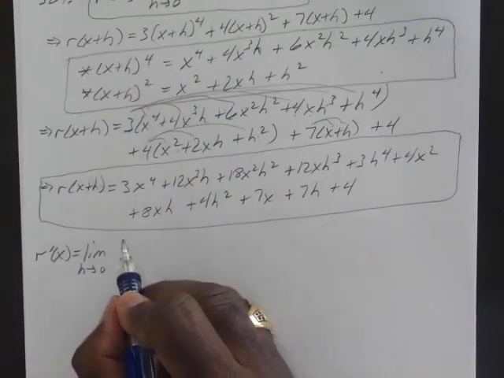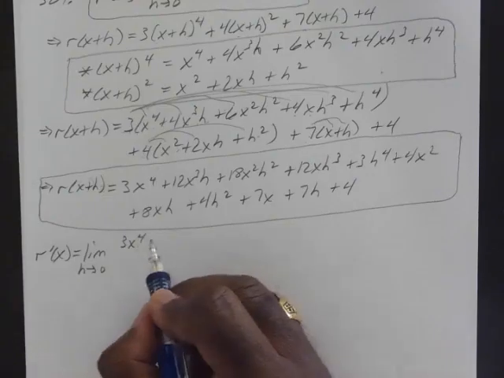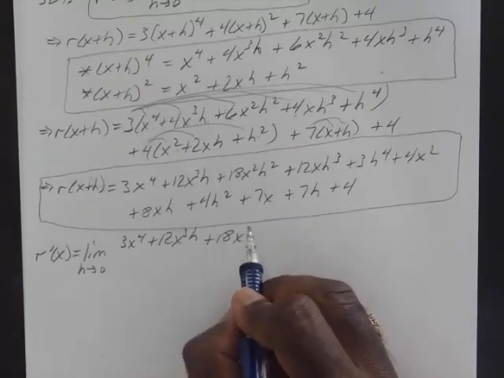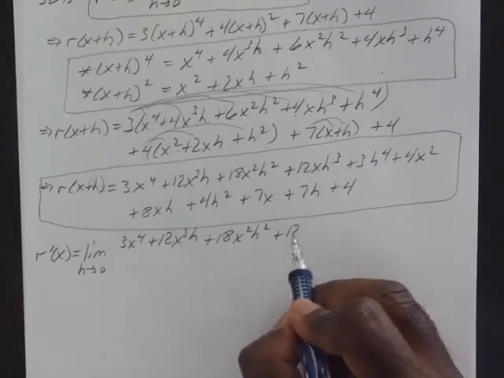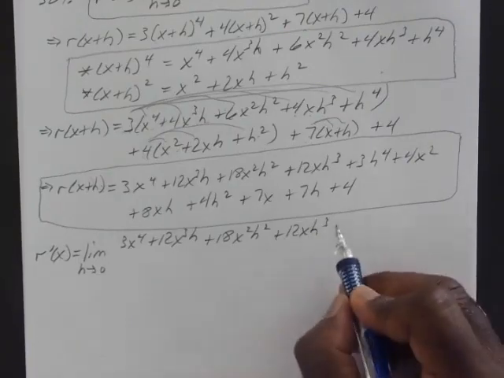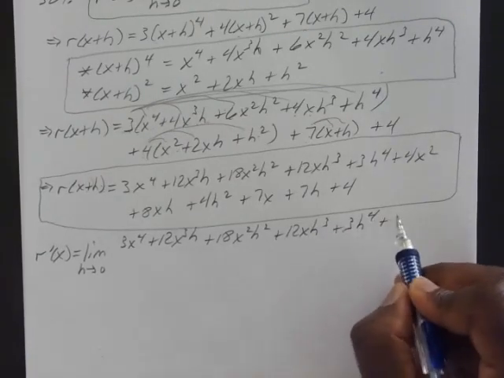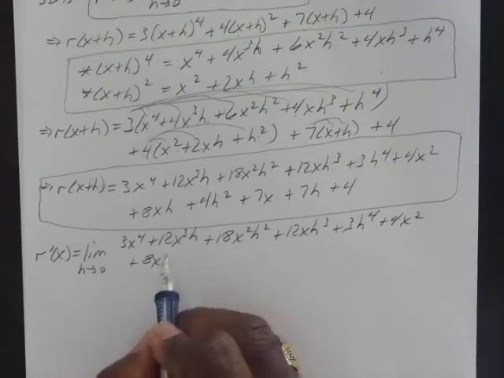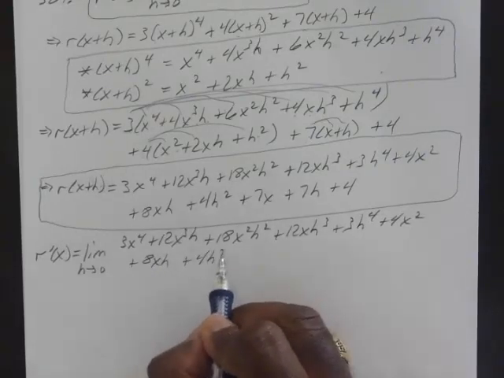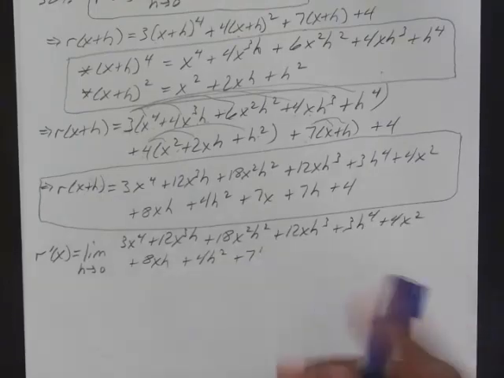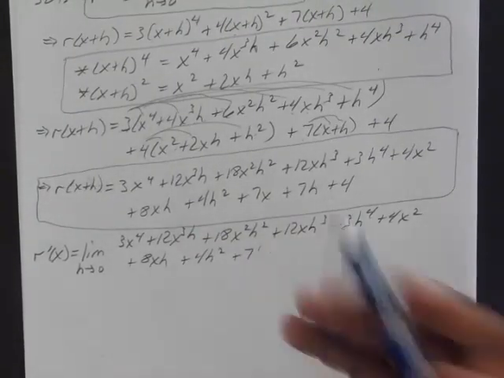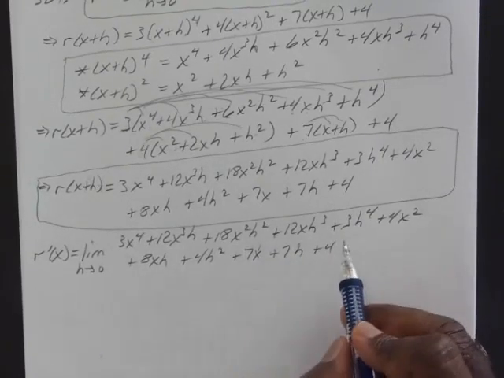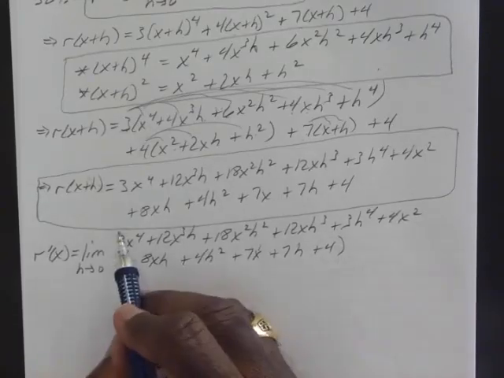So that's 3x to the fourth plus 12x to the third h plus 18x squared h squared plus 12x h to the third plus 3h to the fourth plus 4x squared plus 8xh plus 4h squared plus 7x plus 7h plus 4. And I'll put parentheses around the whole thing.